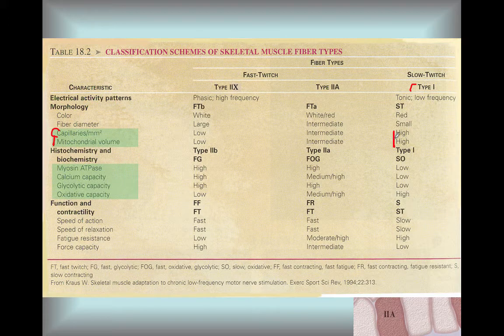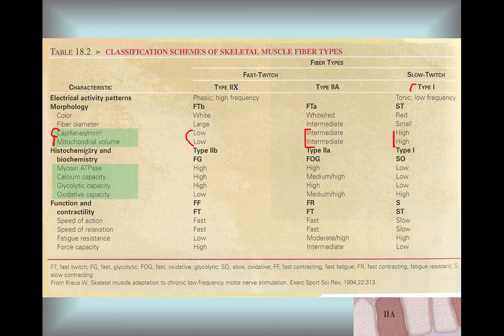So they have more capillaries and a higher capillary density, and they also have more mitochondria, which is what uses the oxygen. The type 2Xs tend to be low in terms of number of capillaries and number of mitochondria, and you can see that the 2A are intermediate, and just how intermediate will partly depend on the type of training the person is involved in.